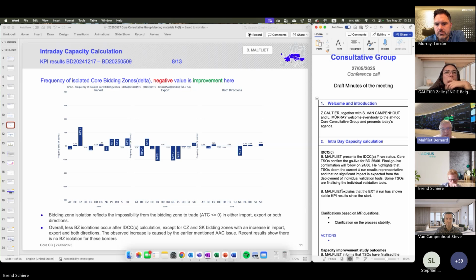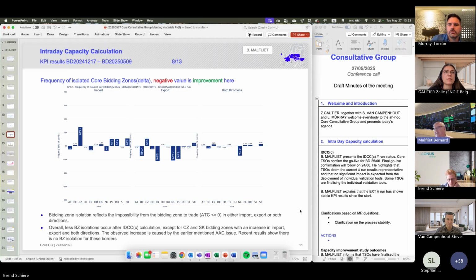And then the complete bidding zone isolation, I think the important ones that we remember were Netherlands mainly, and then Belgium and Romania. Well, for Netherlands and Belgium, we do see the decrease in bidding zone isolation. For Romania, unfortunately, not. There's not a lot that can be done about it because, as you know, Romania is still an antenna currently in the core region, so it's very difficult to remedy this a lot.